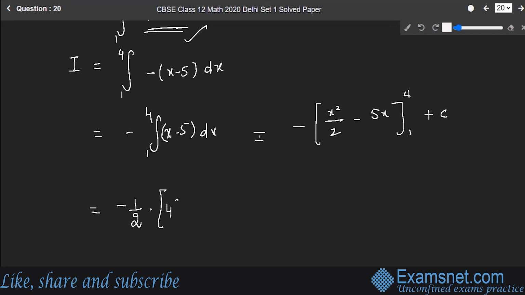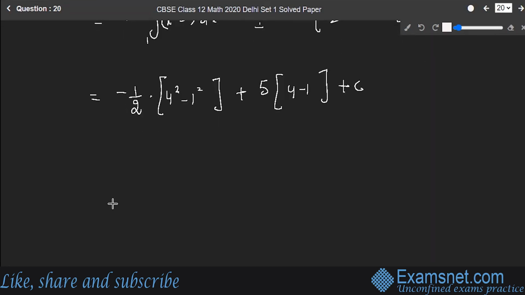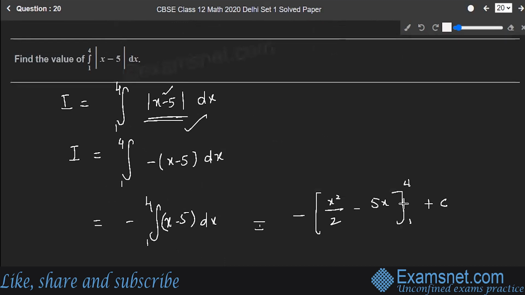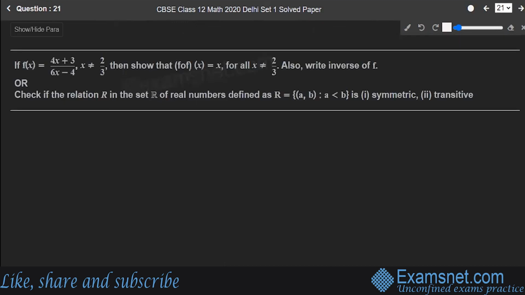This is 4 square minus 1 square plus 5 is taken outside, 4 minus 1 plus c. So this is equal to minus 1 by 2 into 15 plus 5 into 3 plus c. So this is minus 15 by 2 plus 15, or this is equal to 15 by 2 plus c. So this is the answer to the question, 15 by 2. Hope you got that.